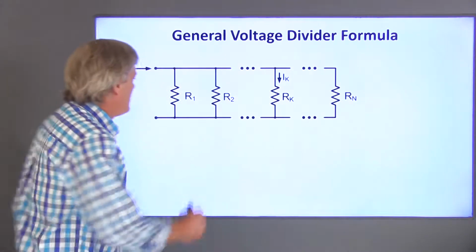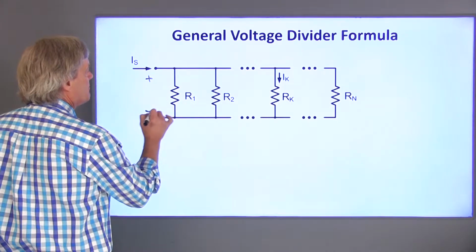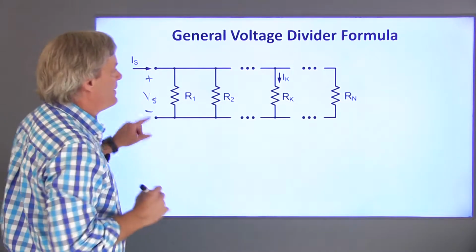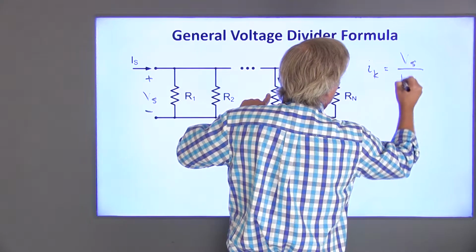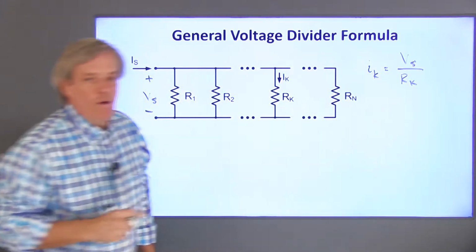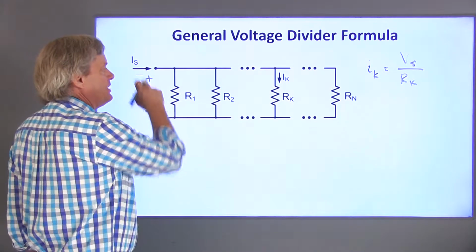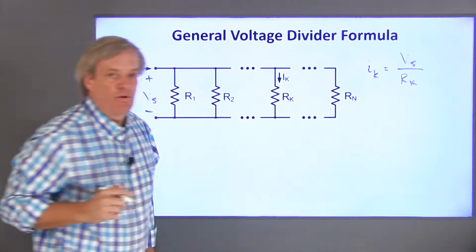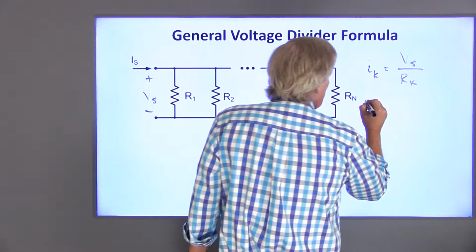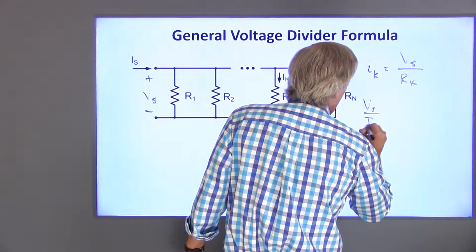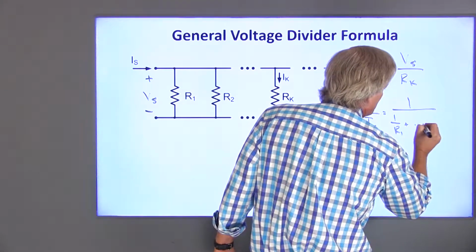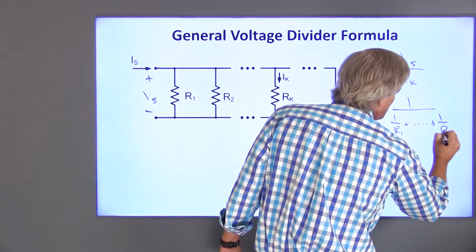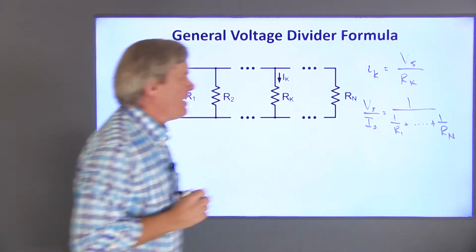Since these are in parallel, they all share the same voltage difference, V sub s. Now, I sub k is equal to V sub s over R sub k. We also generated the voltage-current relationship for a set of arbitrary number of parallel resistors. That was V sub s over I sub s is equal to 1 over R1 plus the inverses of all the other resistors up to 1 over Rn.